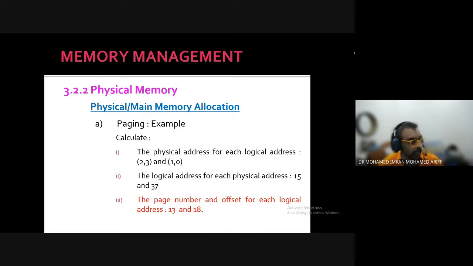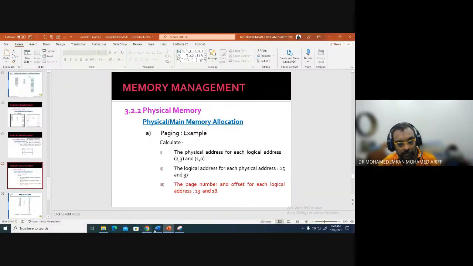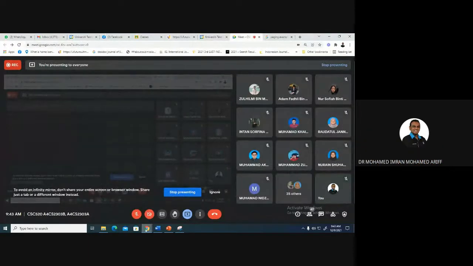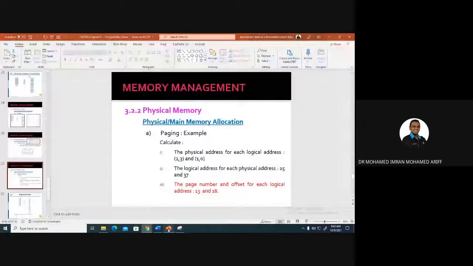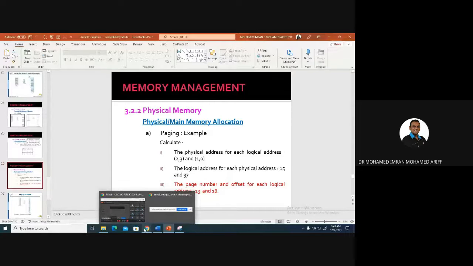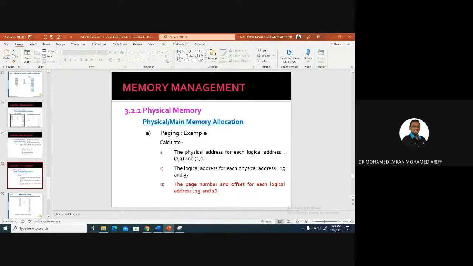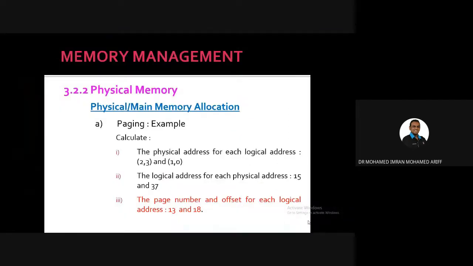I give you 2 minutes to calculate this. So you have to calculate the logical address given the physical address.